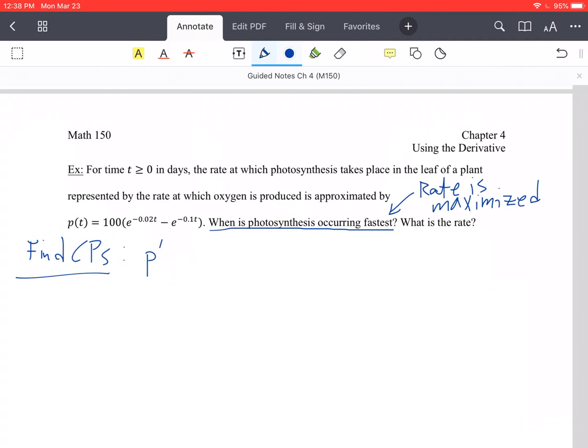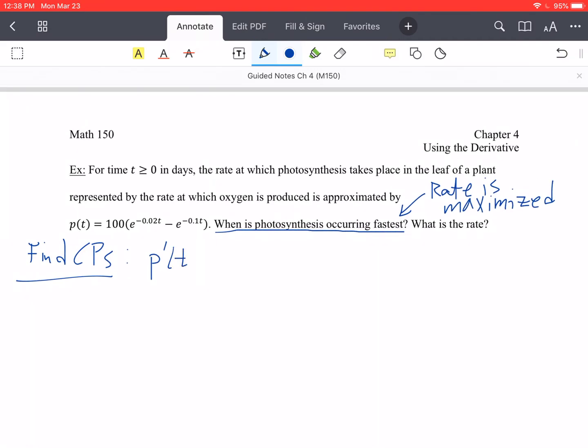So we get P prime of t. The 100 is just a constant multiple, so leave it out in the front there. Take the derivative, e to the negative 0.02 t is again e to the negative 0.02 t times the derivative of the inner portion because of the chain rule, so that's times negative 0.02.